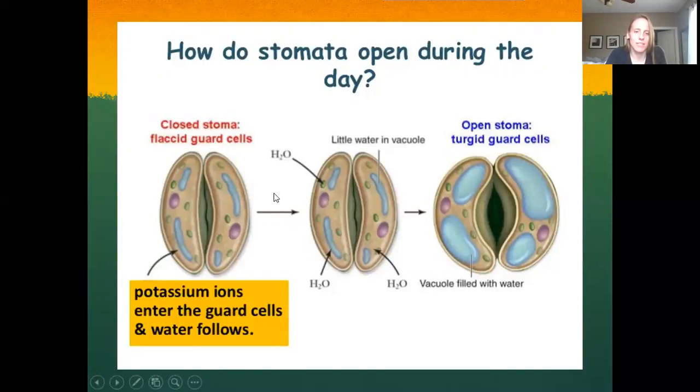That would cause these potassium ions to get pumped into the guard cell, again using active transport, and water will follow because of osmosis. So water goes in and starts filling up those vacuoles inside the guard cell. And as those vacuoles fill, it creates the turgor pressure that buckles the guard cells open.